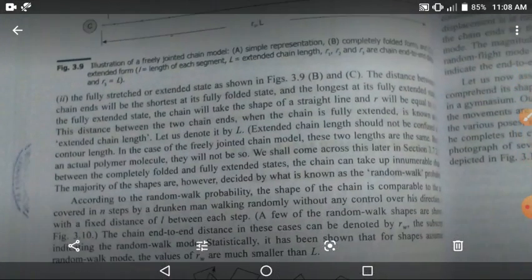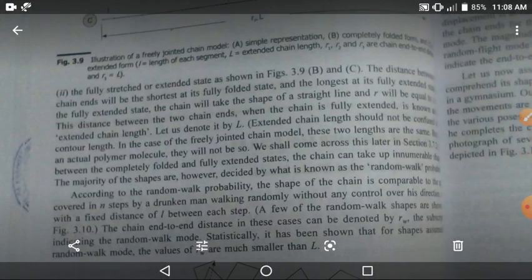Now, the fully stretched or extended state is shown in Figure 3.9 B and C, where we saw different chains. The distance between chain ends is shortest in the fully folded state and longest in the fully extended state.